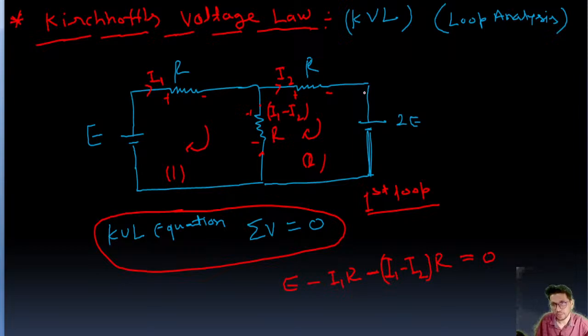Now we are coming from here, so this current direction is very important for us. Because we are coming clockwise, this is minus I2R minus E2, and this is going to be minus (I2 minus I1)R, guys.